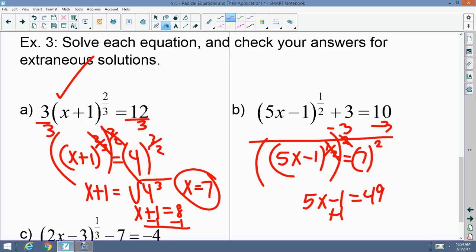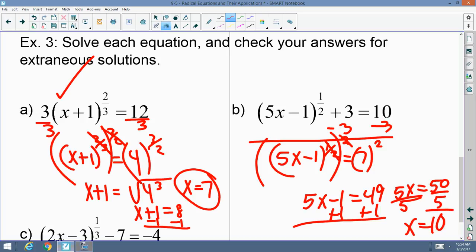Add the 1 to both sides. So I've got 5x equals 50 divided by 5. X equals 10. Does it work? Let's check. 5 times 10 is 50 minus 1 is 49. Square root of 49 is 7. 7 plus 3 is 10. Works.